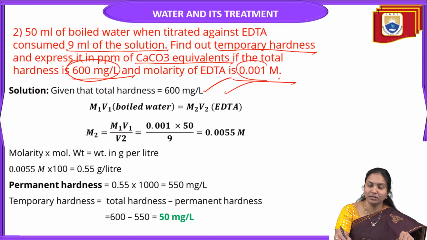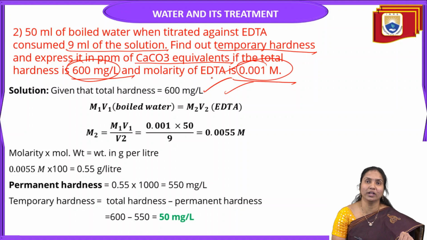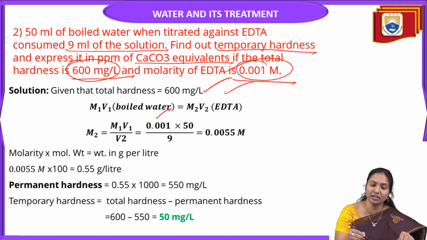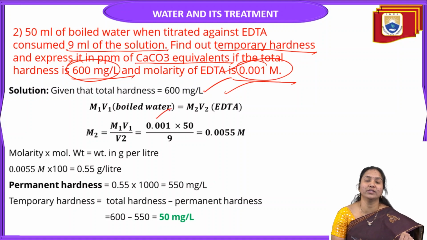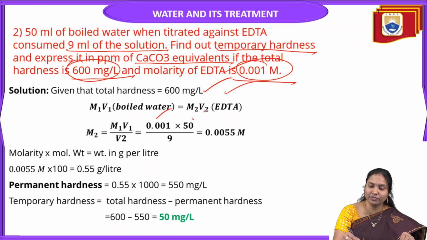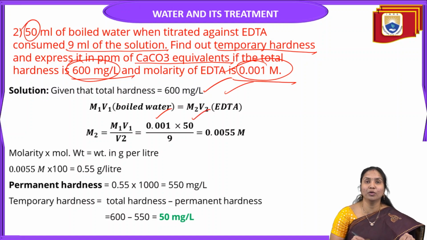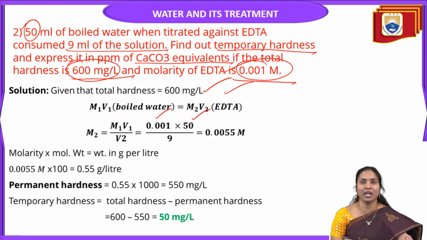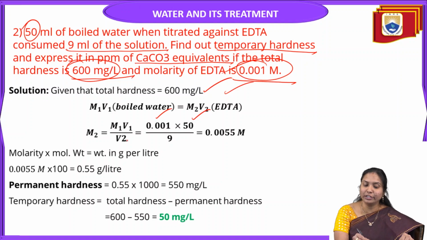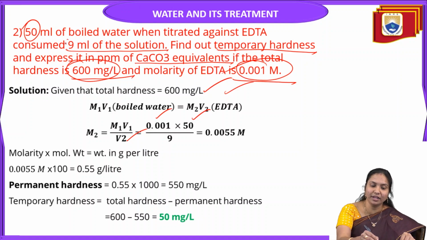So what is that? 0.001. So we can substitute here. The M1 value is 0.001, given in the data, and V1, the volume of boiled water, is 50 ml, by V2. V2 means the volume of EDTA, which is 9 ml.